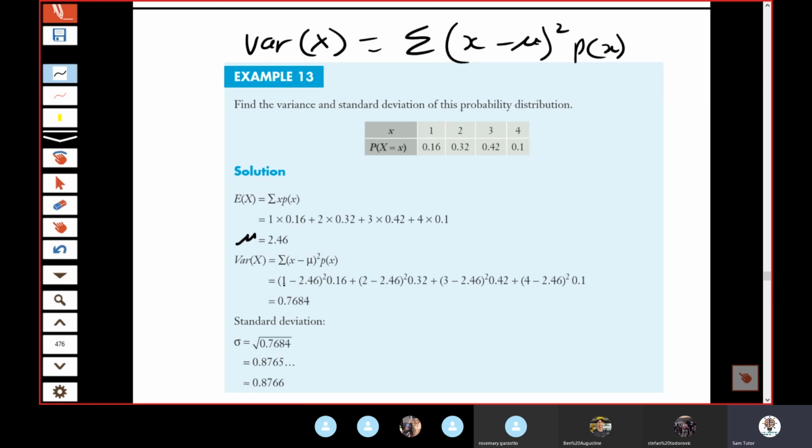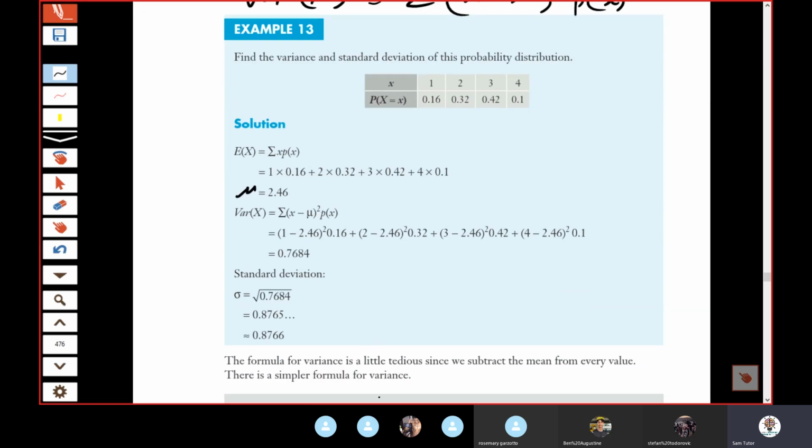Your score, 1, minus your mean squared multiplied by 0.16, plus your score minus your mean squared multiplied by that probability, plus score minus mean squared times probability, plus score minus mean squared multiplied by probability. There's your variance. Square rooted, there's your standard deviation. Anybody have any questions?